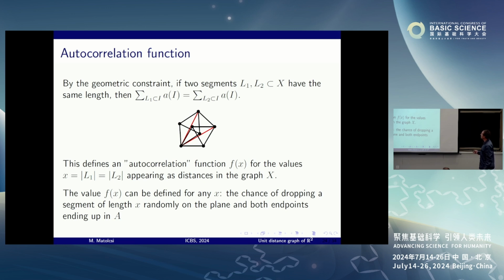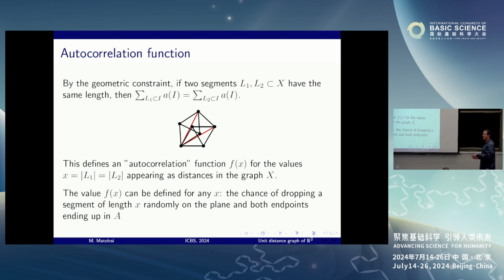So I remind you again that if you take a segment of length square root of 3, then you can define a function f(x), the so-called autocorrelation function, which is defined as simply dropping a segment of length x on the plane and taking the probability of both endpoints being in your one-avoiding set.